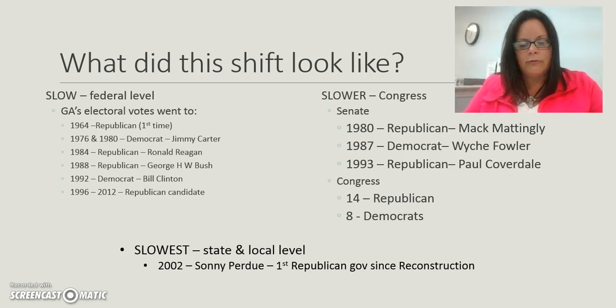Mattingly was then defeated by Democrat Wyche Fowler in 1987, who in turn was defeated by Republican Paul Coverdell in 1993. Georgia Senators Johnny Isakson and Saxby Chambliss were also both Republicans. So just looking at the Senate, you can see we kind of flip-flop back and forth with each election from Republican to Democrat and back.